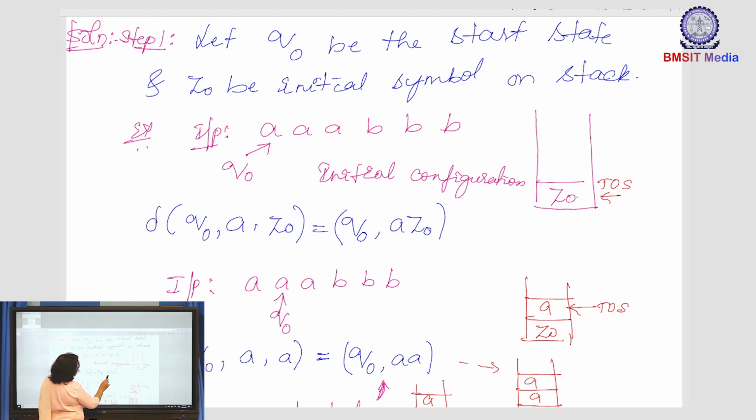So I write the RHS of this transition, that is Q0 comma AZ0. I repeat, when I am in state Q0, on reading the input symbol A, when the top of the stack is Z0, I remain in state Q0, I push A onto the stack. So it was like this.